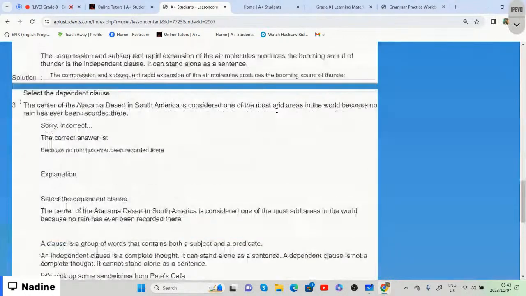So we now need to select the dependent clause. The center of the Atacama Desert in South America is considered one of the most arid areas in the world because no rain has ever been recorded there.